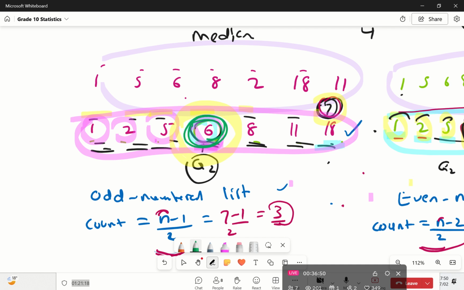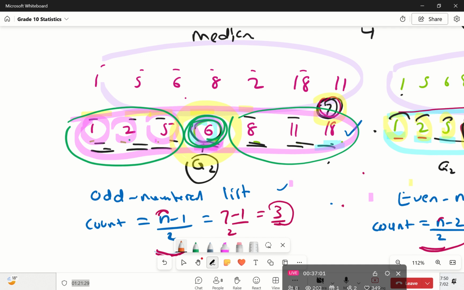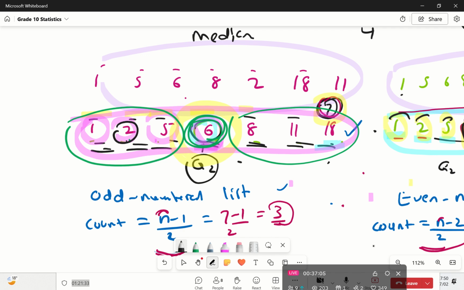Okay. Now, what is Q1? Q1 is the median of the first half of the data. So this is the first half of the data. This is the second half of the data. So the Q1 is the median of the first part of the data, which happens to be 2 here. So this will be Q1, and then this will be Q3. That is the median of the second part of the data. Are we happy?